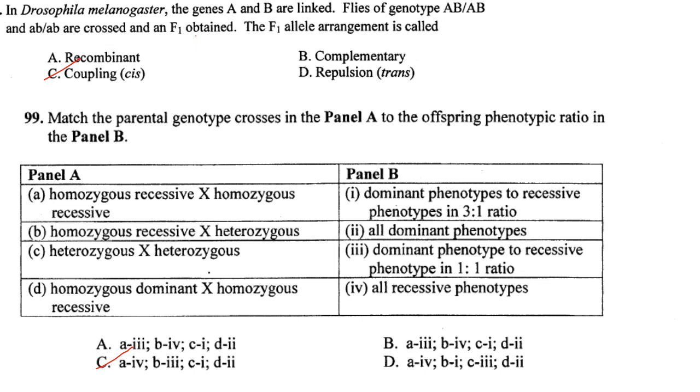So B3. So option C will be the answer, but we'll see the others also. Heterozygous into heterozygous, dominant phenotype to recessive phenotype in the 3:1 ratio. If you remember the Mendelian principle of segregation, the monohybrid cross, it was capital T, small t into capital T, small t. You will get the ratio 3:1. Then homozygous dominant into homozygous recessive, all dominant phenotypes. So A4, B3, C1 and D2.